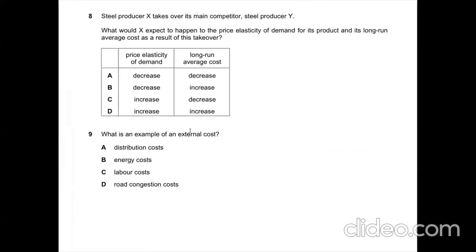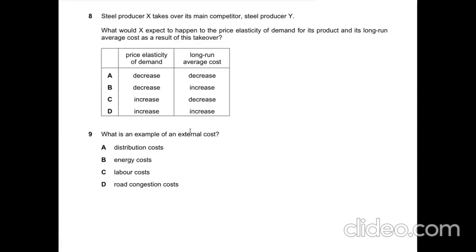Question 8. Steel producer X takes over its main competitor, steel producer Y. What would X expect to happen to the price elasticity of demand for its product and its long-run average cost as a result of this takeover?